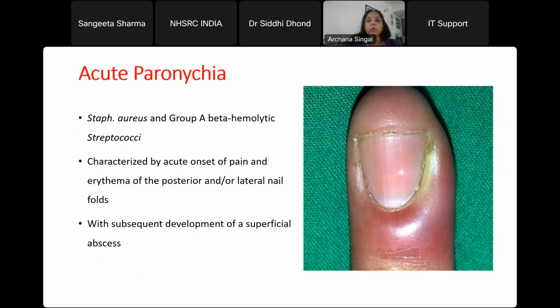And what you can do, if you are at home, is take a 20 gauge or 23 gauge needle, make multiple punctures to let the pus come out, and there is immediate relief of pain, like a magic wand, because the pus has come out. It's painful because there is no space for the pus to accumulate. Next, please.